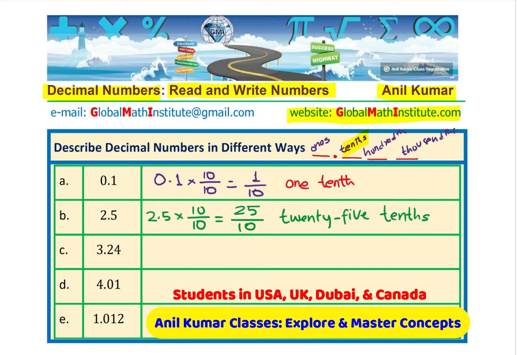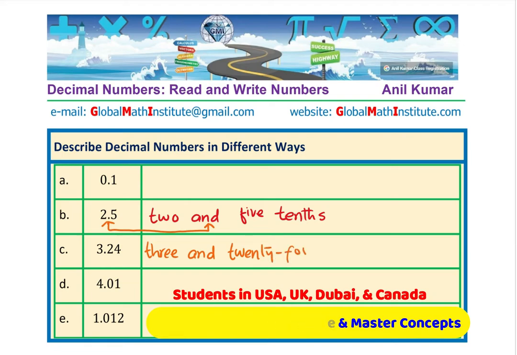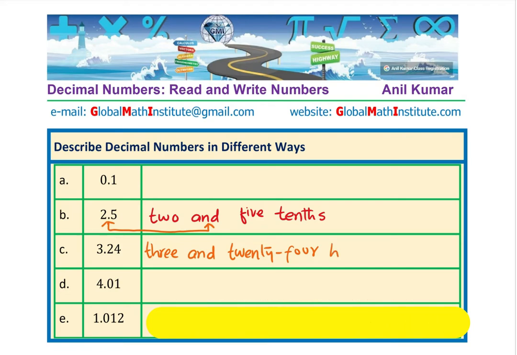So 3 and one way which we could say here is 3 and for decimal, right? 24. Now this number 4 comes in hundredths place, 24 hundredths.